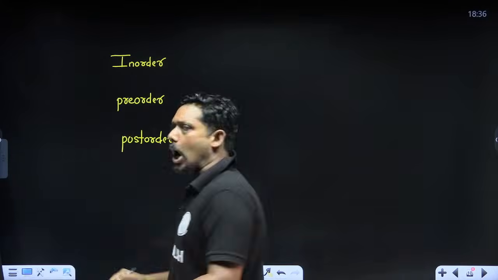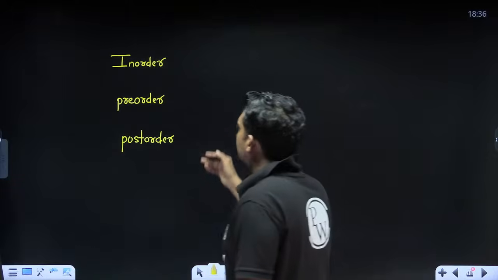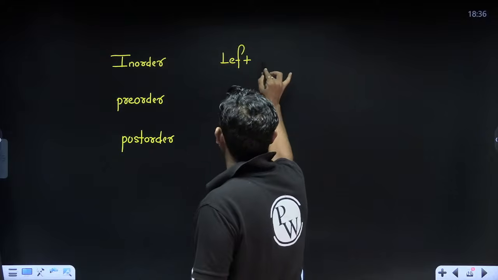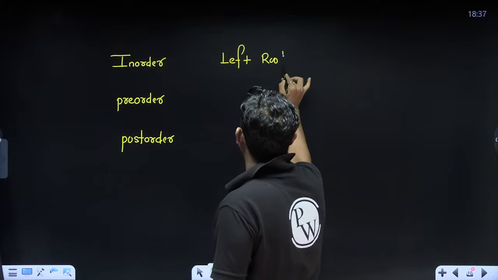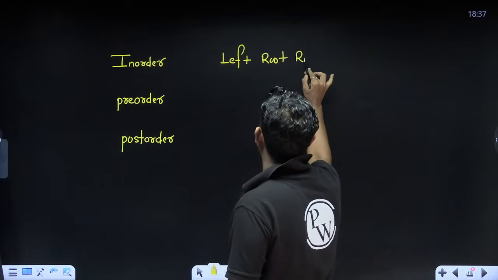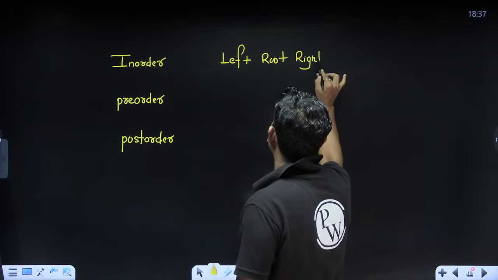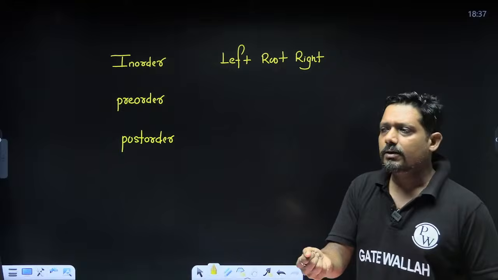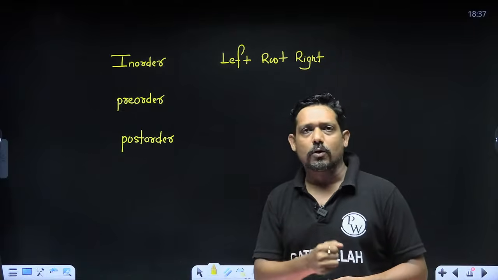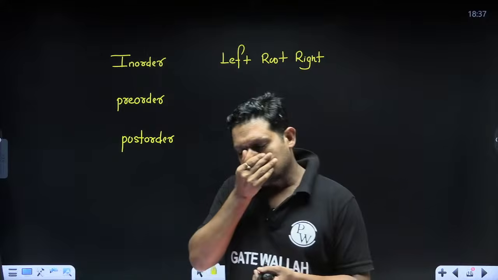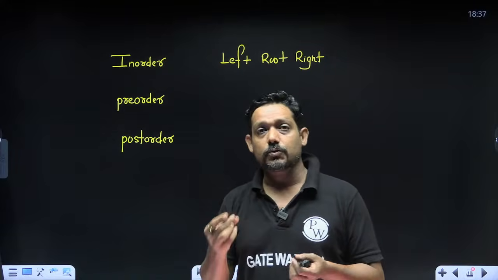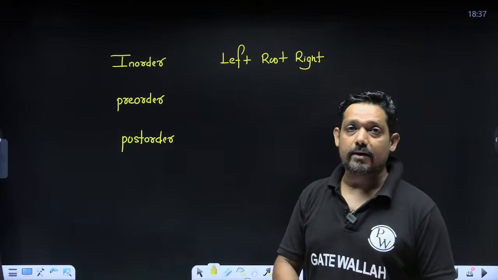Now how we traverse: in-order is we go to the left, then we come to the root, and then we go to the right. This is the order. I can teach you within 5 seconds how to get it, because the examination is not theoretical, so we have to be very quick in identifying the traversal.